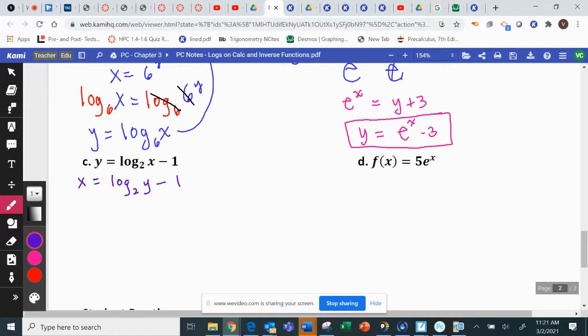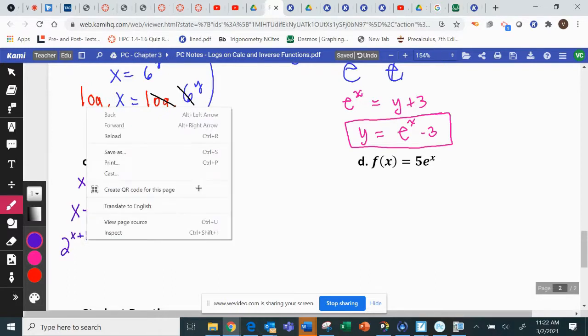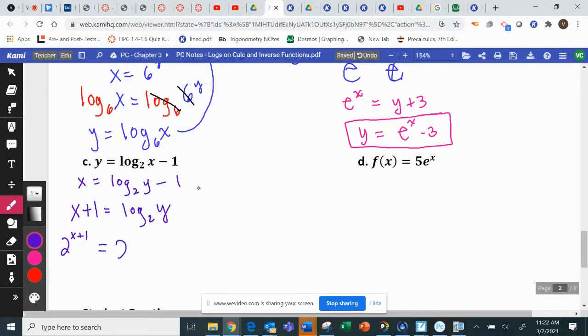Anthony, do you? Excellent. So he's going to move the 1 over. And we're going to do a base of 2. So we got 2 to the x plus 1 equals 2 to the log base 2 of y, and those cancel.